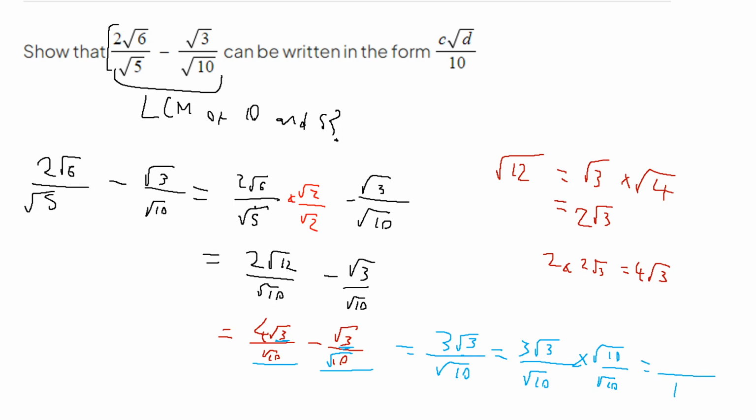So we're left with over 10. What is root 3 times root 10? Root 3 times root 10 is root 30. And we can't simplify root 30. So therefore, this is our final answer.